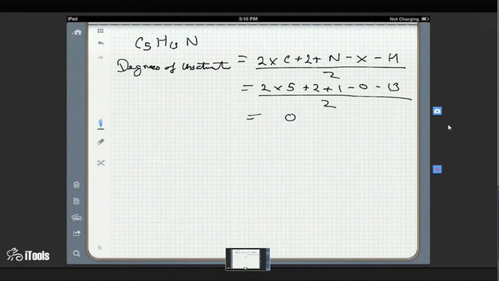So this is an amine because it's in the 3300 range, so we know we have an NH.